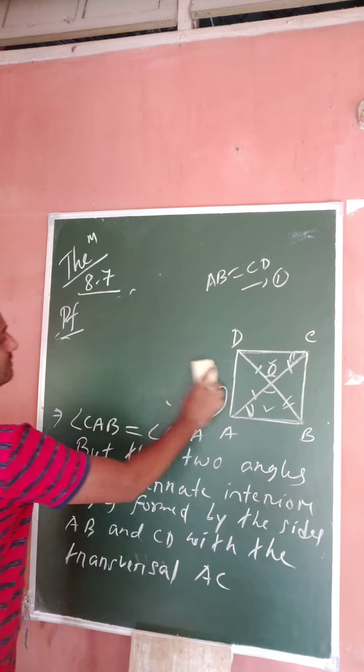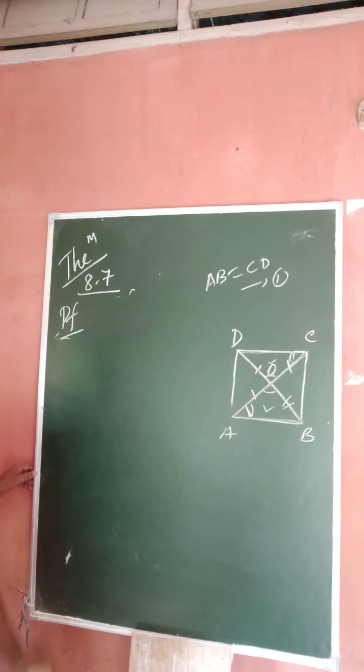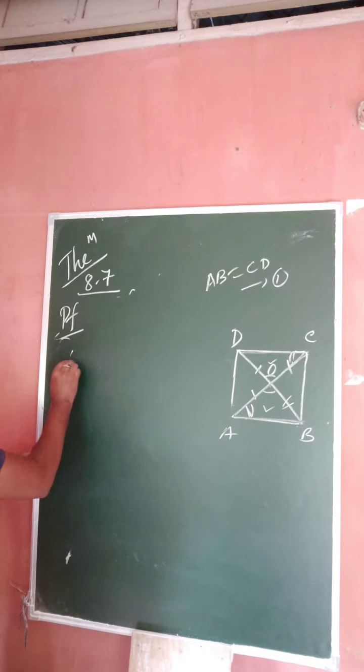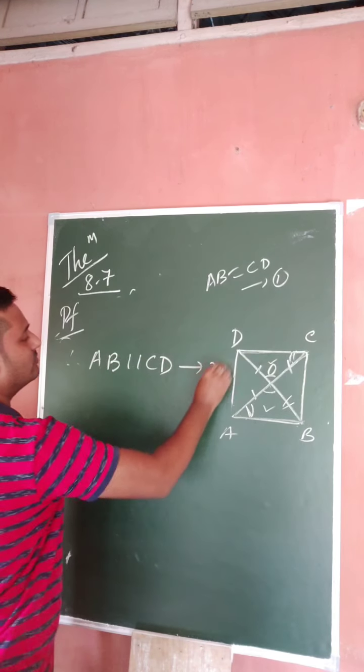Therefore, AB is parallel to CD, which is number 2.